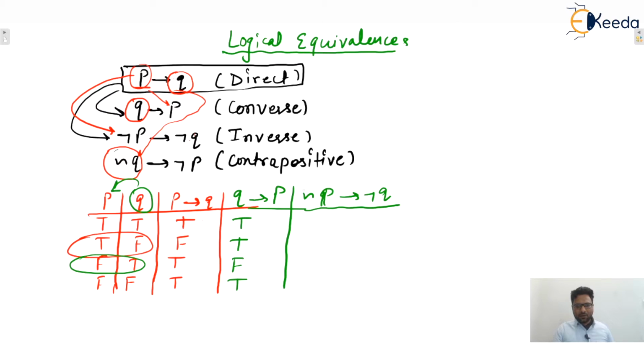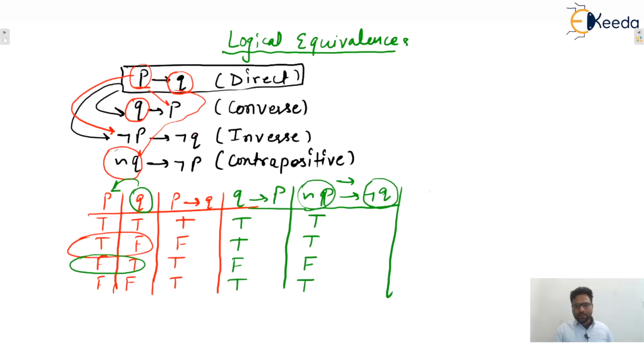First find negation P, then negation Q, because negation has higher priority than implication. Then take the implication. The result will be: true, true, false, and true.